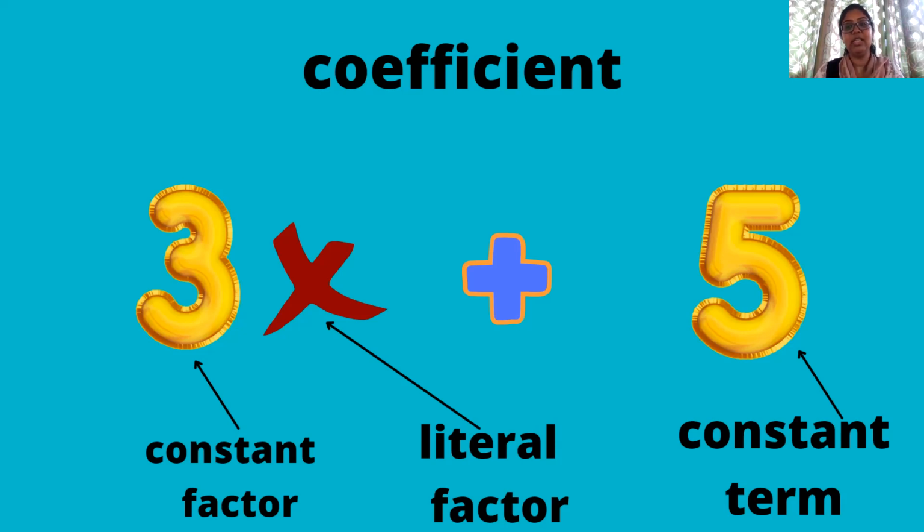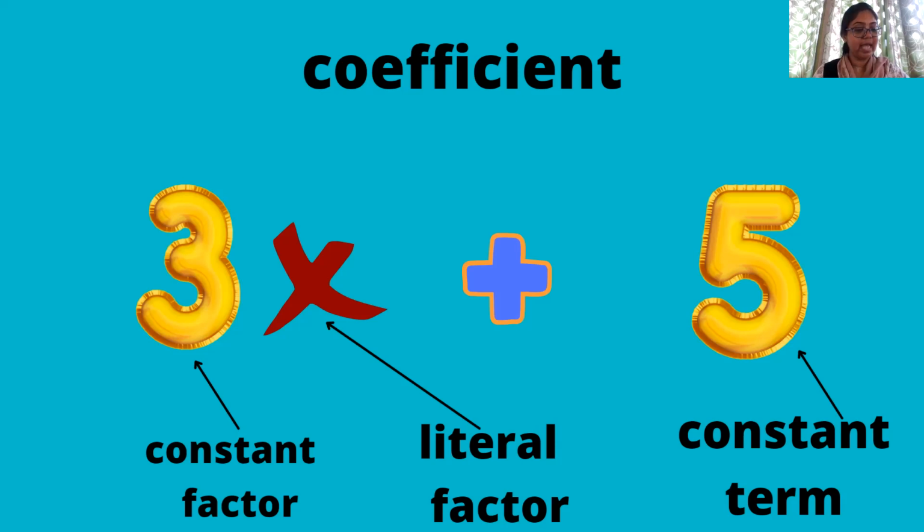As 3 is a constant term, it is known as a constant factor. X is a variable, so we can call it a variable factor or we can call it a literal factor. And in case of 5, 5 is also a term, but we don't have a literal factor here. We have only a constant factor, so it is simply termed as a constant term. Now, what is a coefficient?